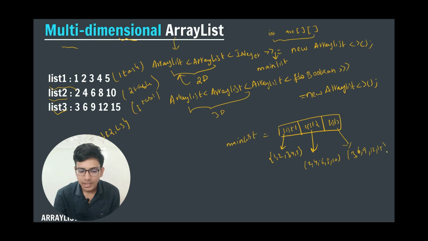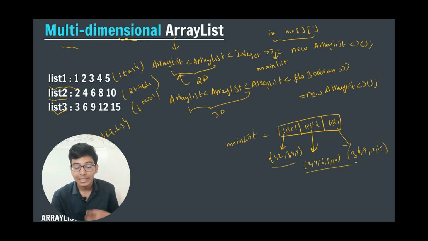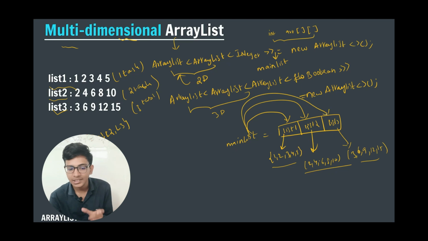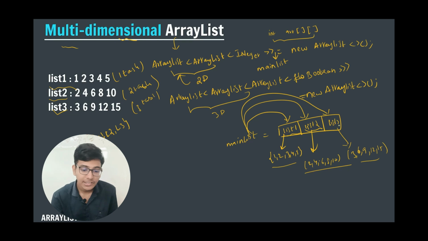So this is how the referencing works: the main list will point to these 3 subsets or sub-array lists, and these sub-array lists will point to the objects or integer values, storing the values of my integers. So this is how the creation of a 2D array list or 3D array list works in Java.